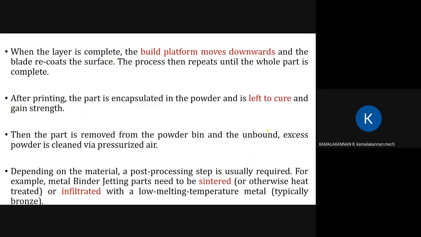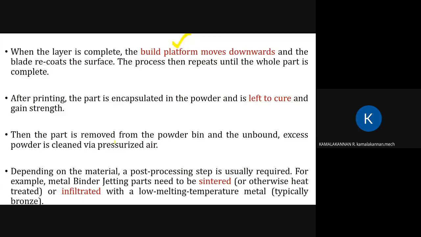Once a layer is completed, the build platform, as I told you earlier, will move down. Then again the recoater will provide the metal powder, and the binder jet will spray the binder. After that, they will wait for a few seconds.